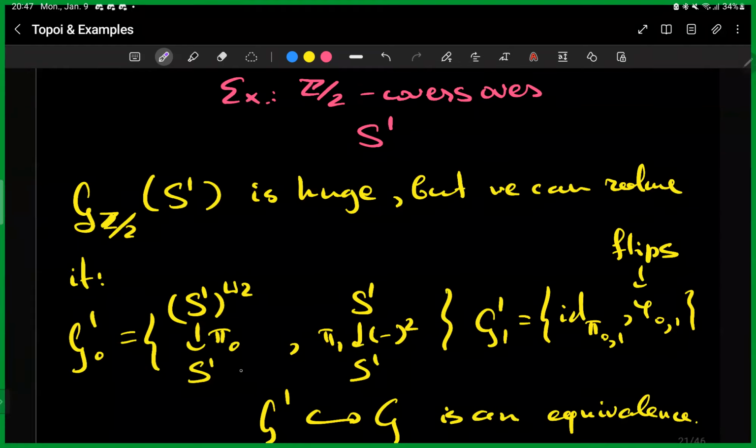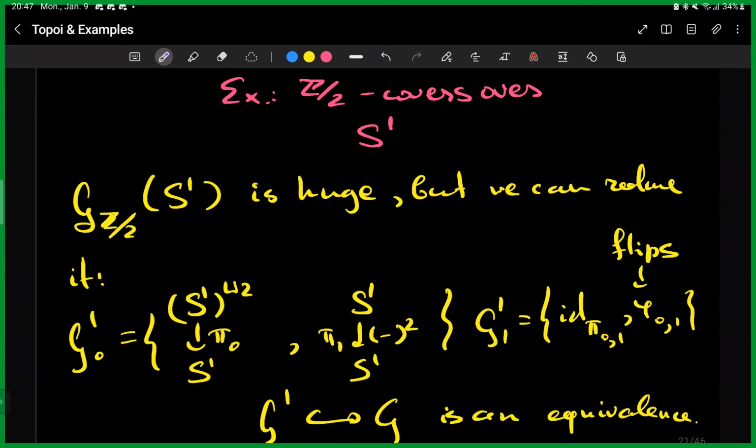One of these objects is a trivial two-sheeted cover. So we just take two disjoint copies of S1 and we project them to the same thing. And the other is a non-trivial two-sheeted cover, which corresponds to squaring the complex variable which parameterizes our circle.